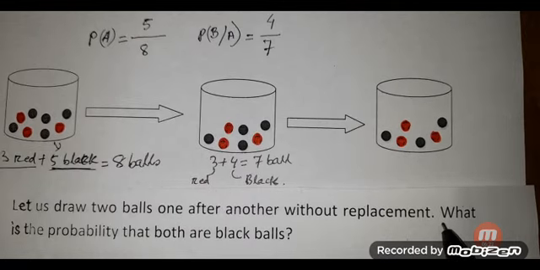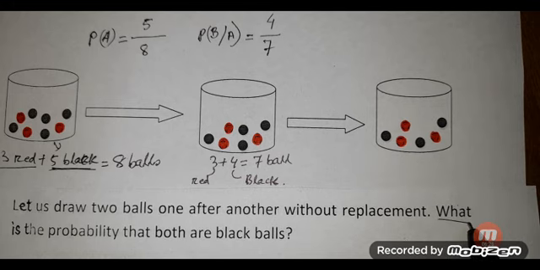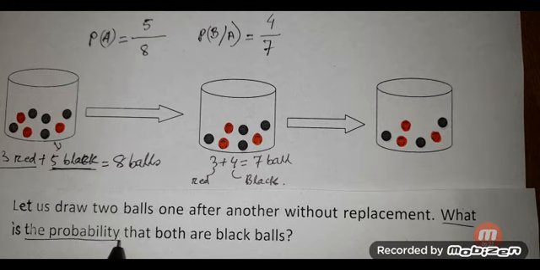Here we have to find out the probability that both are black balls.